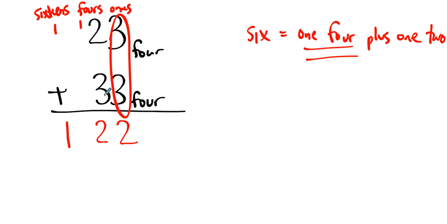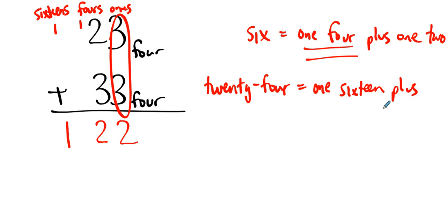This 6, the 6 fours, 6 fours are 24. That 24 is 1 sixteen plus 2 fours. So we move the 16 to the column where it needs to be.